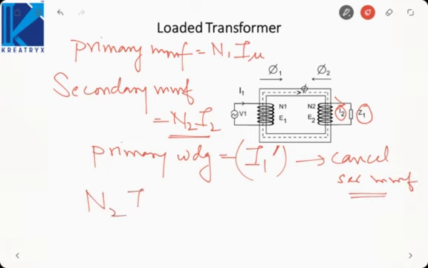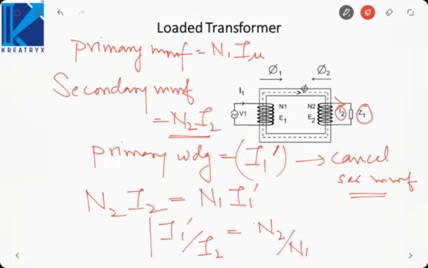Therefore, N2 I2 will be equal to N1 I1 dash. That means I1 dash by I2 is equal to N2 by N1. Okay. So I1 dash is usually called the load component of the primary current.